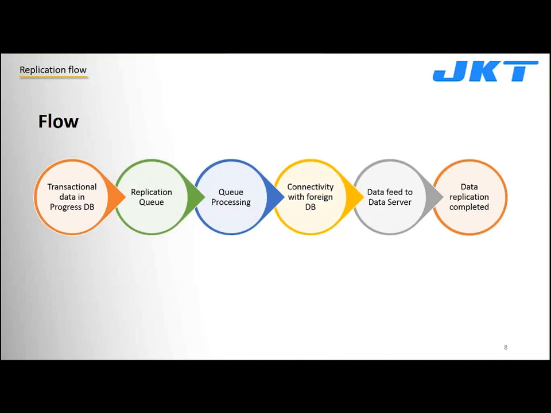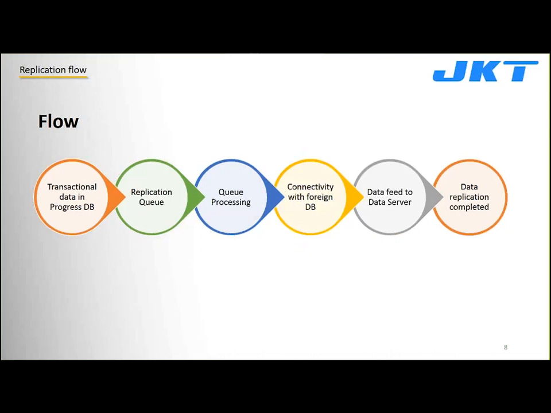Let's discuss a little more about how the typical flow happens in any replication solution. The basic flow of a replication solution is that the data is stored in the Progress DB, and at the same time, a replication queue is generated for the change information.